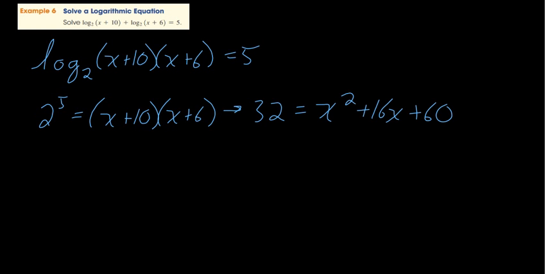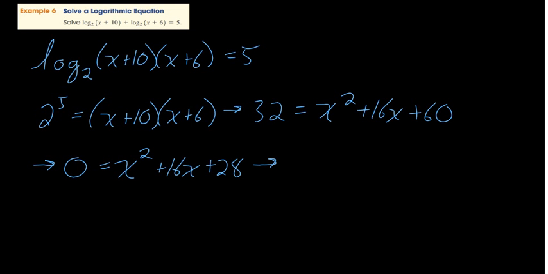Then we're going to subtract 32 from both sides. So we're going to have 0 is equal to x squared plus 16x, subtract 32, so I got plus 28. Can I factor this? Yeah, it's 14 and 2. It's pretty easy.